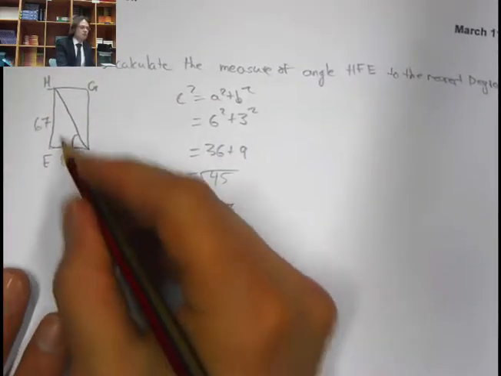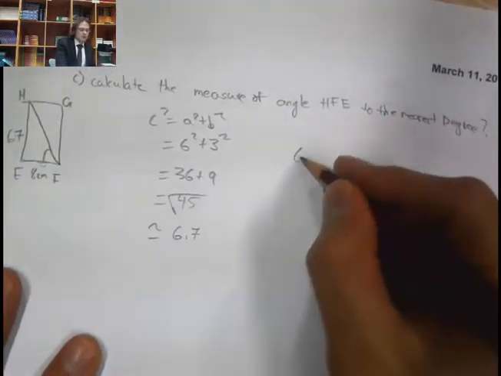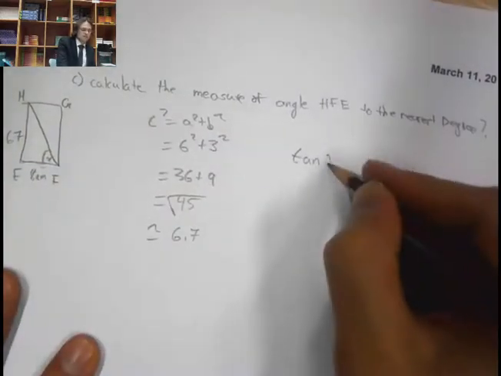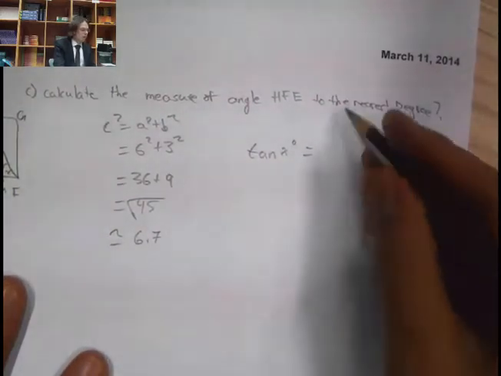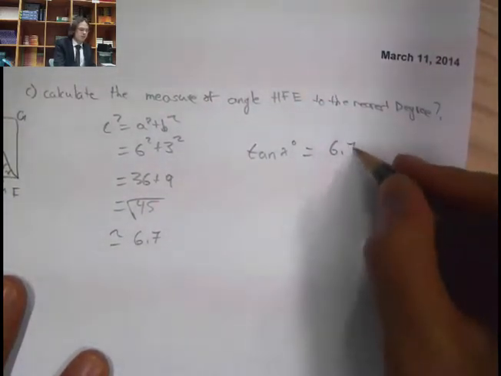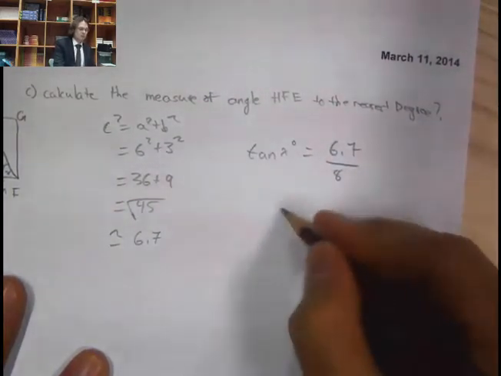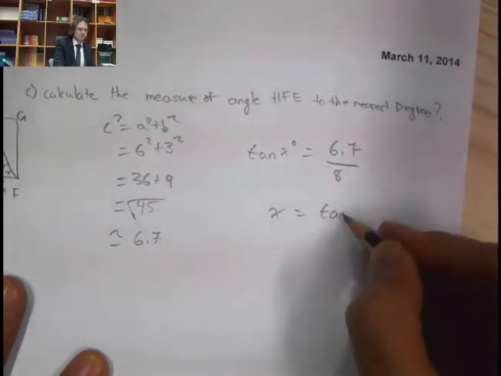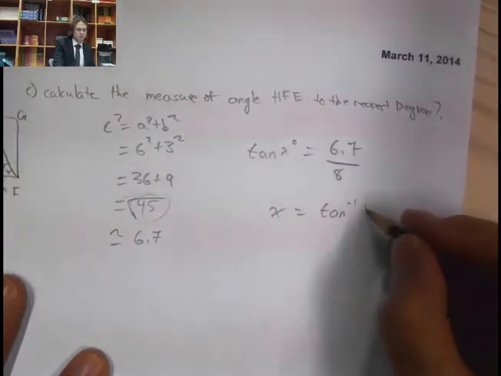So we're going to have to use tan, because I know the adjacent and the opposite. So, tan angle, I'm going to call this x, is equal to opposite, 6.7 all over 8. Now we're going to have x is equal to the inverse of tan to negative 1. And 6.7 is really, if I want exact, it's going to be square root 45.